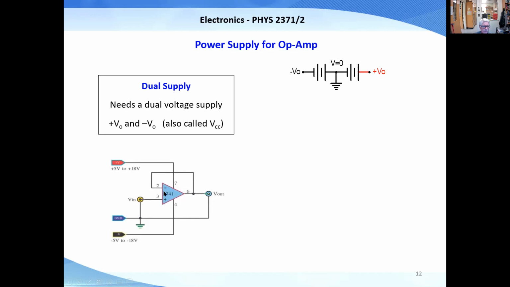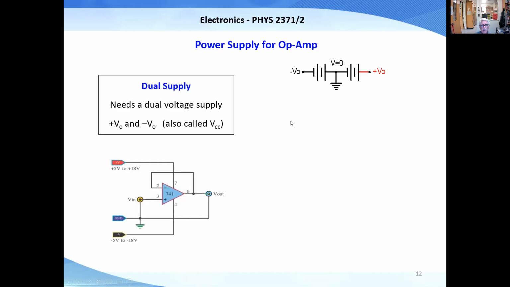In the circuit, here are your 2 inputs, pins 2 and 3. Pin 6 is the output. You supply voltage on 2 pins: some positive voltage on pin 7 and some negative voltage on pin 4. Each of these supply voltages is relative to ground.